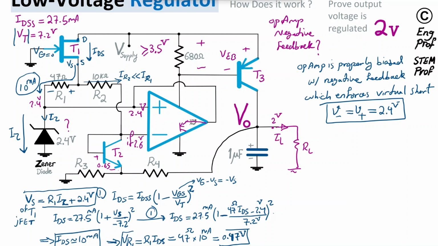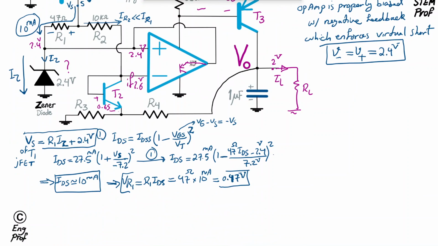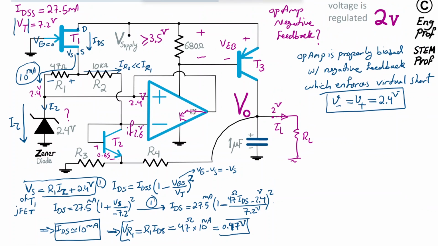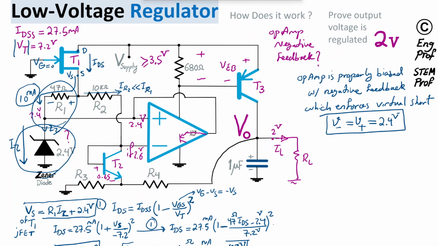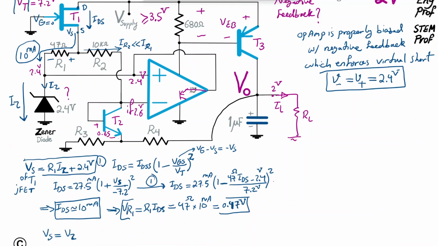Okay, so that's good. Now, as a result, the voltage of Vs is simply the voltage of Zener diode, this voltage, plus the voltage drop across R1 to get to the source of the N-channel JFET transistor.